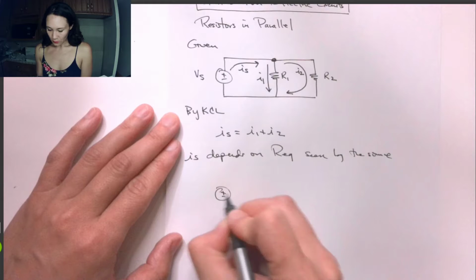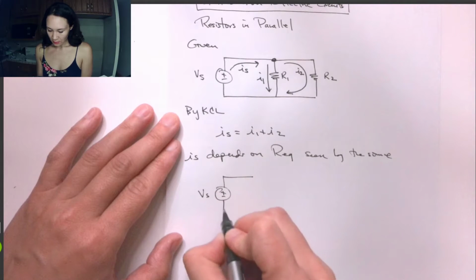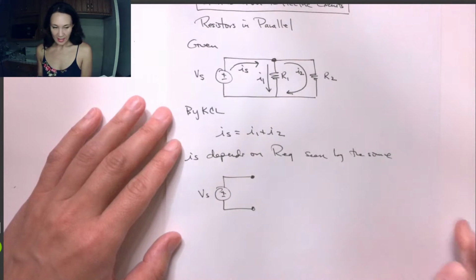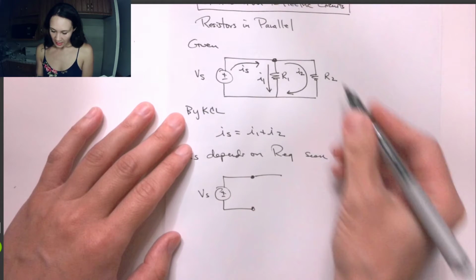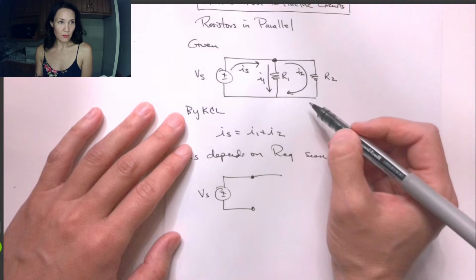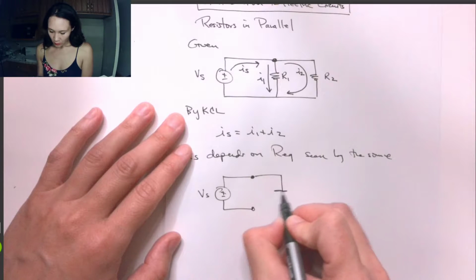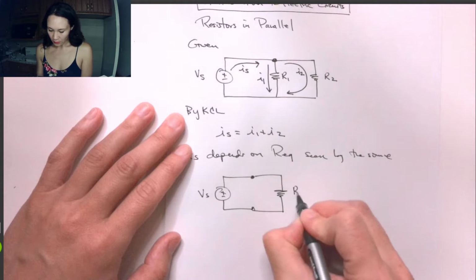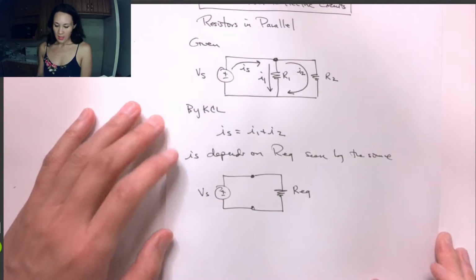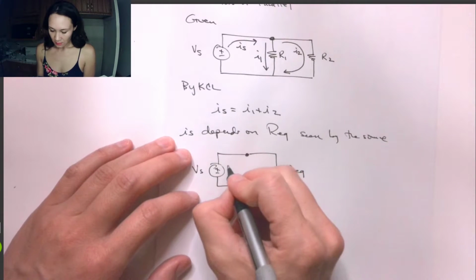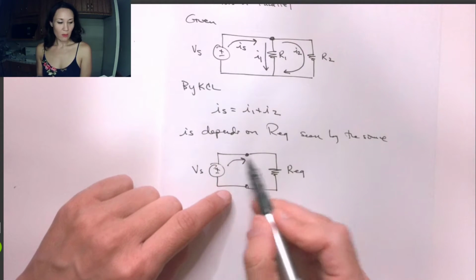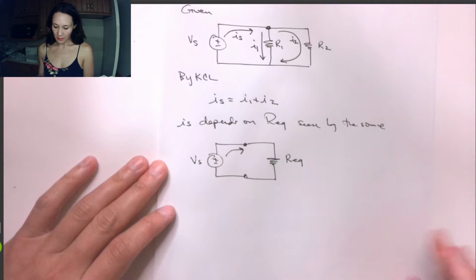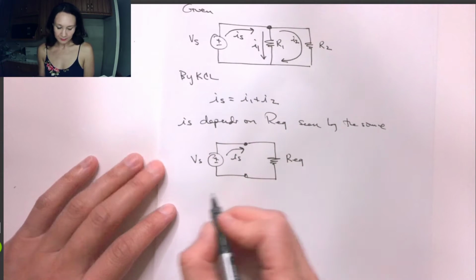So this is our source, Vs, looking into the circuit. If I had some open terminals here, and I just replaced these resistors in parallel with one equivalent resistor, Req, then that's going to give me how much source current is produced, basically by Ohm's law.